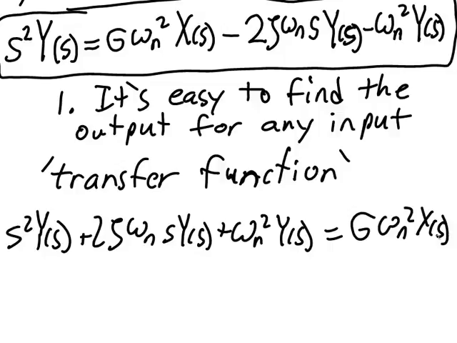Now, all I have to do is divide both sides by x of s to get the x of s over here, and divide both sides by everything that's being multiplied by y of s over here. To make it a little bit clearer what I'm doing, I'm first going to factor out the y of s from the left-hand side.